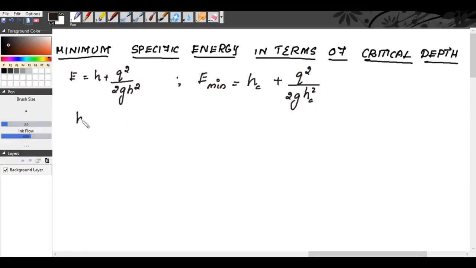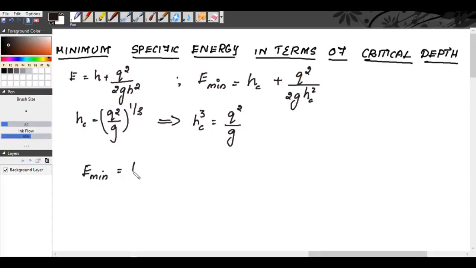Now, we know Hc is equal to Q square by g the whole raised to 1 by 3. Critical depth is equal to Q square by g the whole raised to 1 by 3. So, from this we will get Hc cube is equal to Q square by g. So, substituting the value for Hc in this equation, we get E minimum is equal to Hc plus Hc cube by 2Hc square.